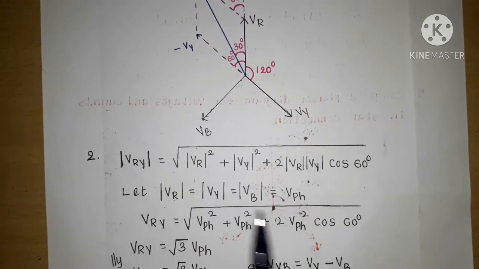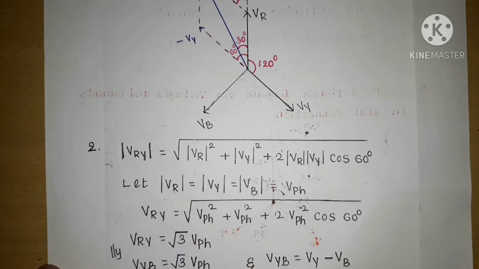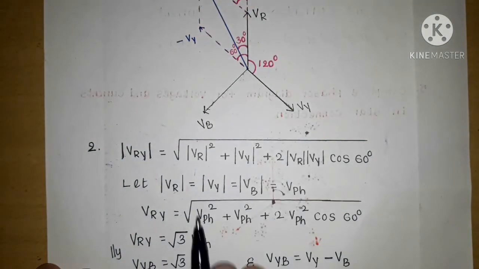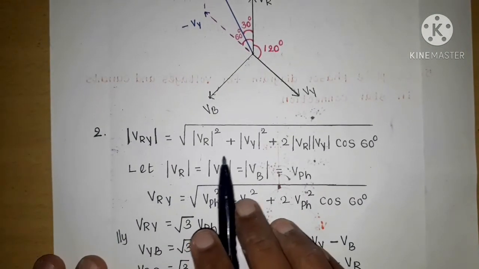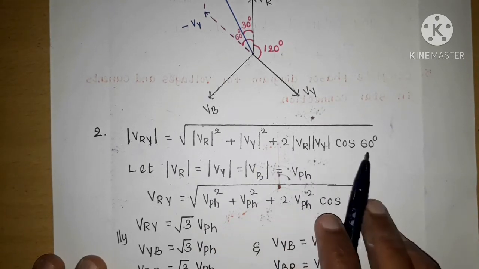VRY is the line voltage, so it is root of VR square plus VY square plus 2 VR VY cos 60.